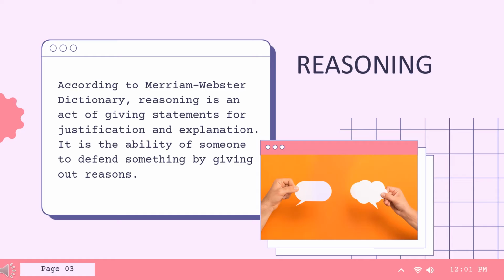It is the ability of someone to defend something by giving out reasons. You know what? Every day, we tend to give our reasons or justifications about something or someone. Just like in developing your skills in writing, reading, communication, mathematical computation, and so on, as a learner, you should also develop your reasoning skills.